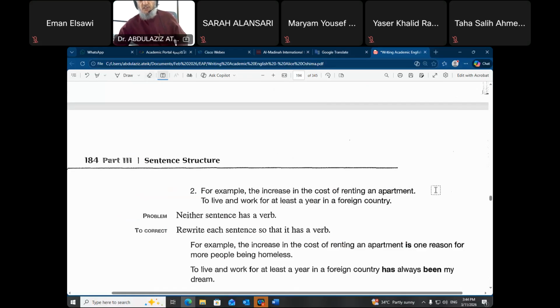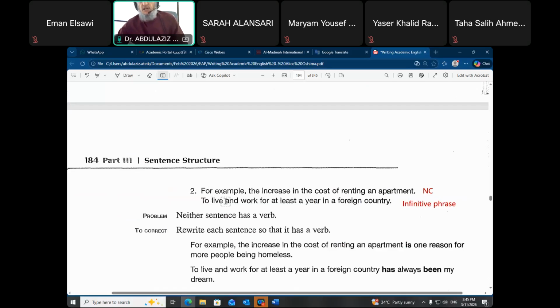Okay, so this is a noun phrase, and the other one is an infinitive phrase. Doctor, please, I have a question. It's an infinitive phrase because it starts with to? Yes. By the way, an infinitive phrase can be used as a noun.